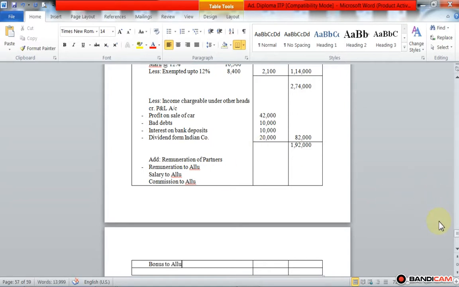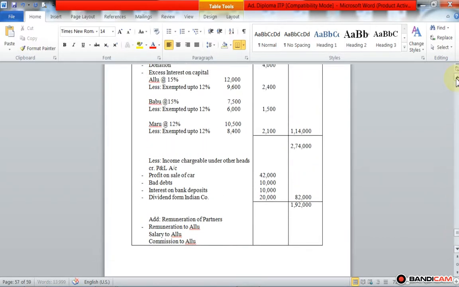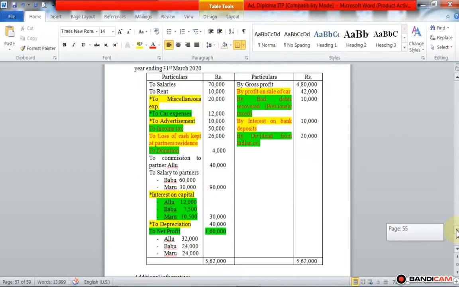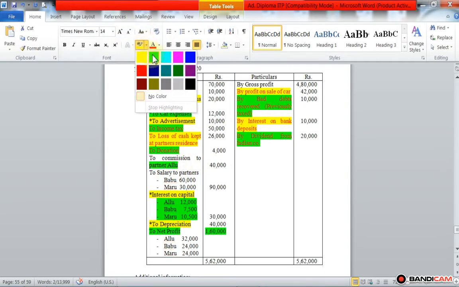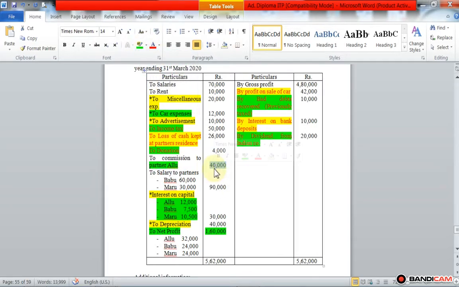So salary, commission and bonus, find them in the profit and loss account debit side. Here commission is paid to partner Alu, amounted to rupees 40,000. Salary is given to Babu and Maru.